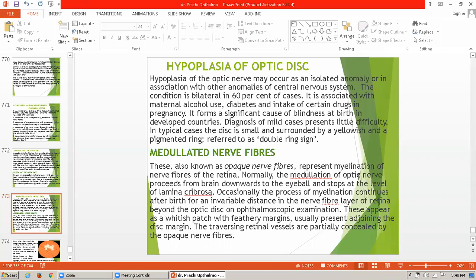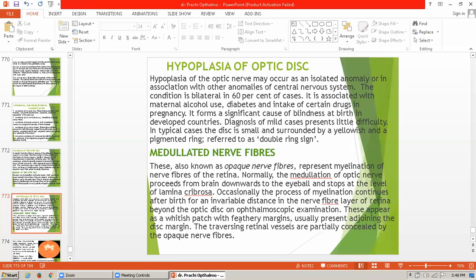So, it represents myelination of nerve fiber of the retina. And normally, the medullation of the optic nerve proceeds from brain downward to the eyeball and stops at the level of the lamina cribrosa.